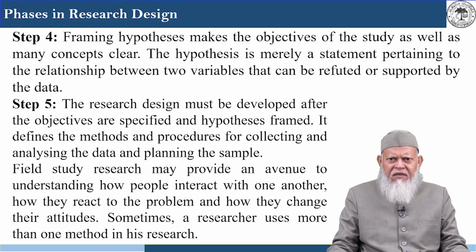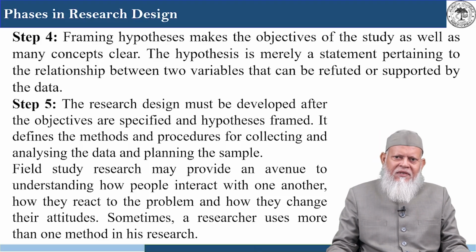We have to see, does any relation exist between the two? The relation may exist, the relation may not exist. There may be a relation between income of the parent and educational achievement of the children, and there may not be.